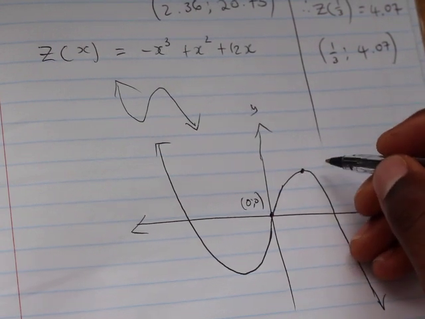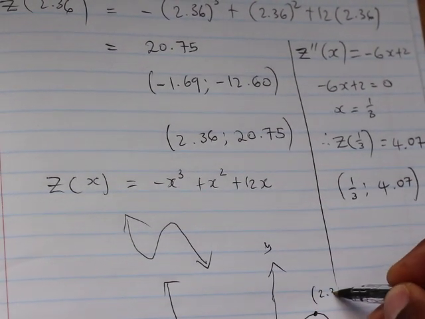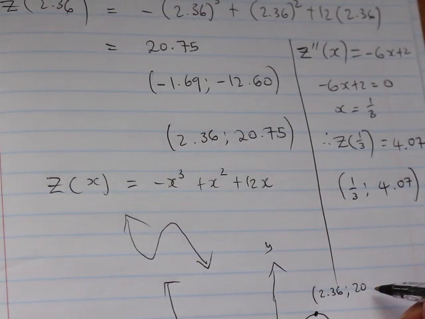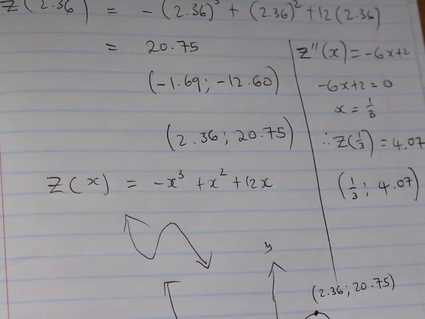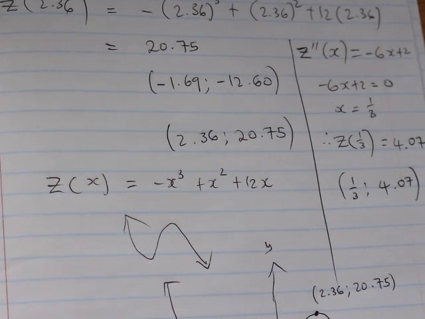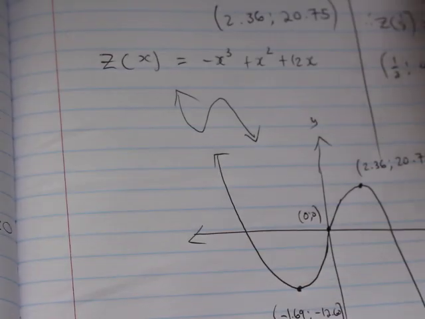So the turning point here, remember we've got two turning points. So definitely this one is going to be 2.36 is to 20.75, and you know that definitely this is the negative one. Minus 1.69 is to minus 12.60. Yes.